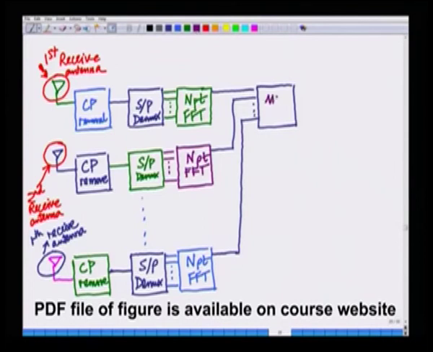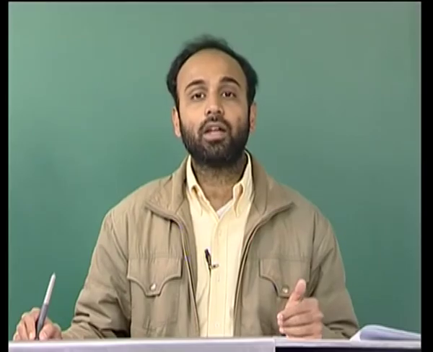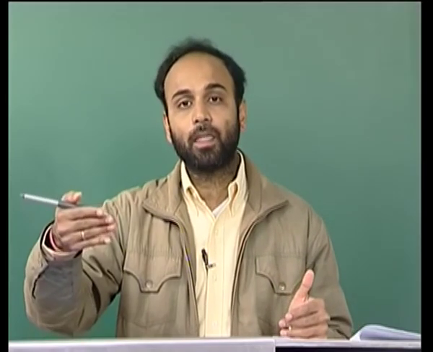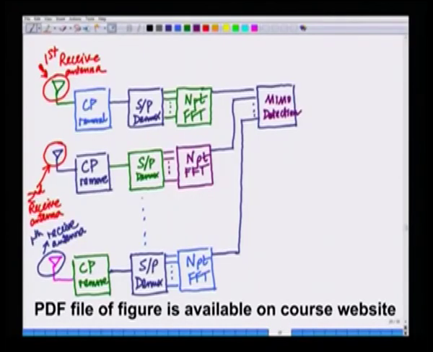Alright, so what I am doing now is I am doing MIMO detection for the first subcarrier. Remember, each subcarrier is now a MIMO system. So, I will collect the received symbols corresponding to the first subcarrier from all receive antennas, and I will perform MIMO detection.